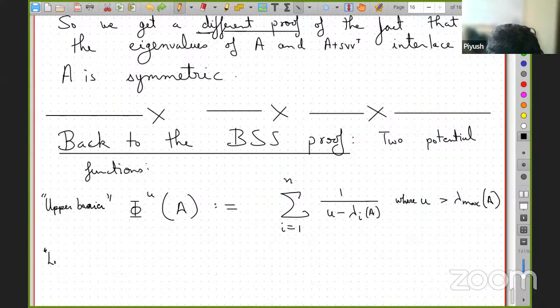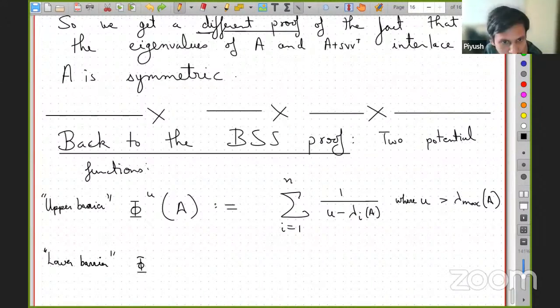And then there's a lower barrier. Let me just use this notation: this is lowercase, this is uppercase, and here is subscript, superscript.